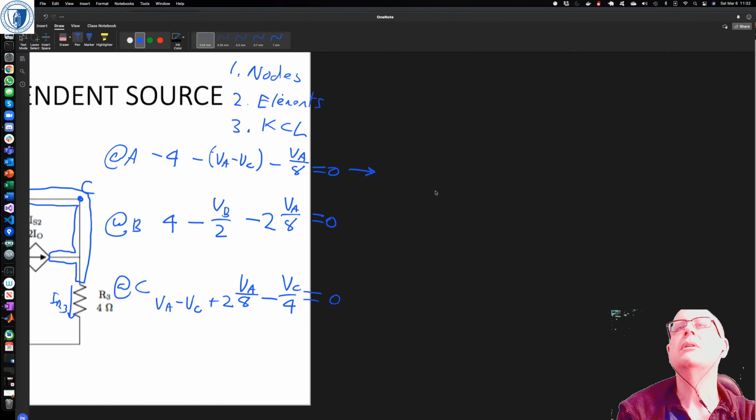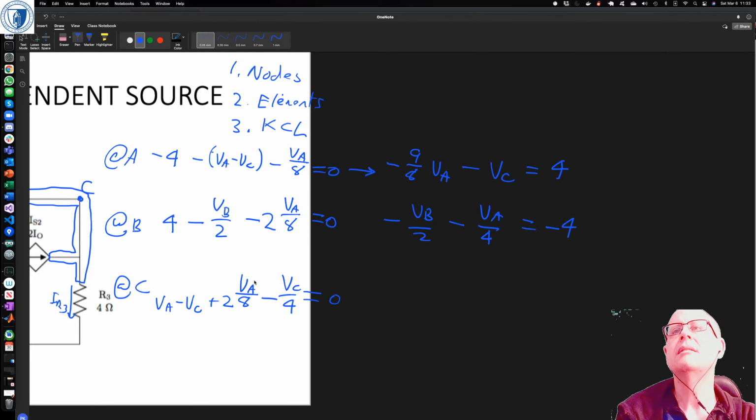So here we've got minus 9/8 VA minus VC equals 4. And here, there's not much to do, is there? It's just minus VB on 2 minus VA on 4 equals minus 4.